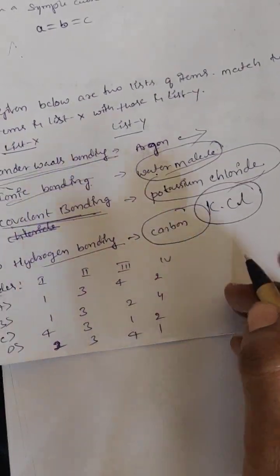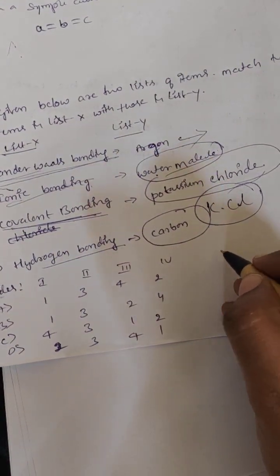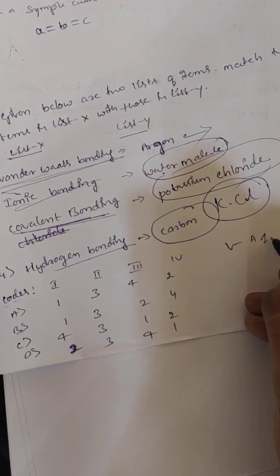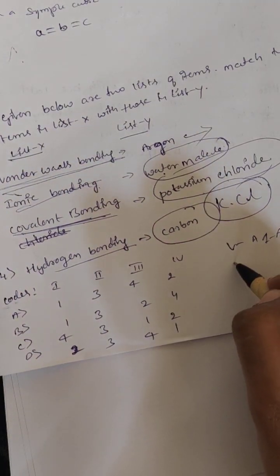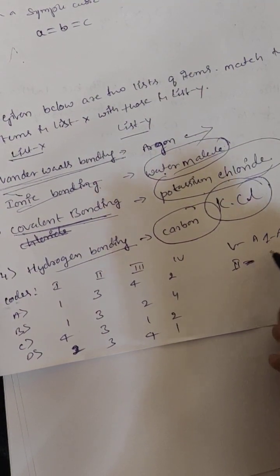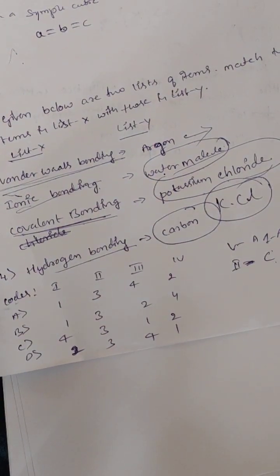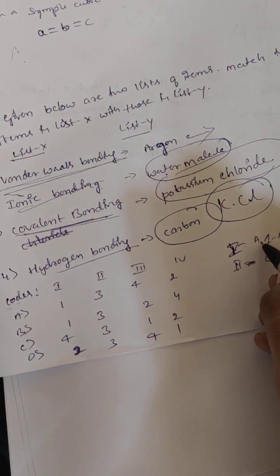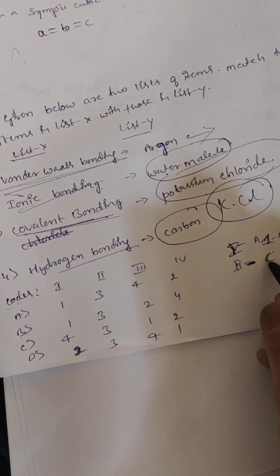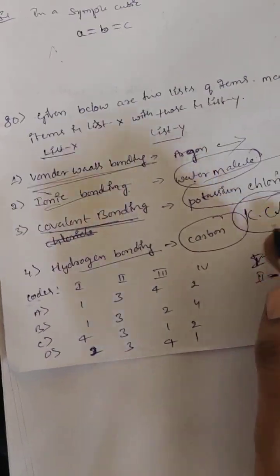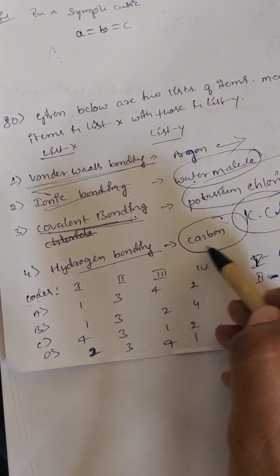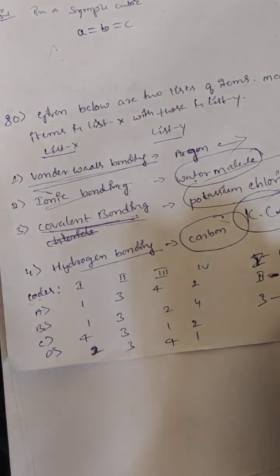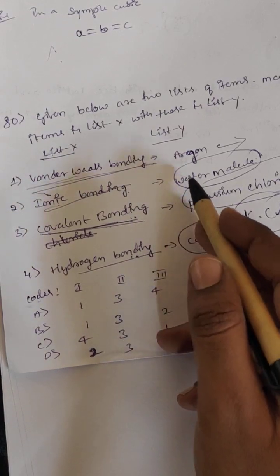Therefore for van der Waals we can observe argon, so 1 to A, and ionic bond is potassium chloride, so that is 2 to C. For covalent bonding it is carbon, so 3 to 4, and hydrogen bonding 4 to 2.